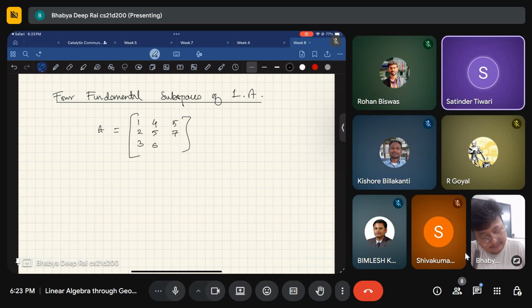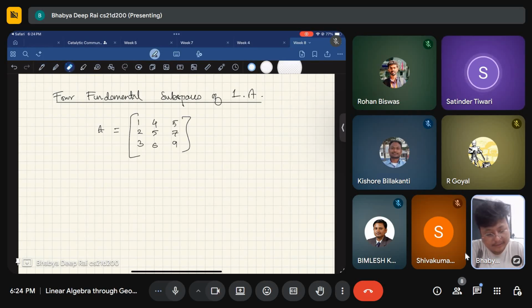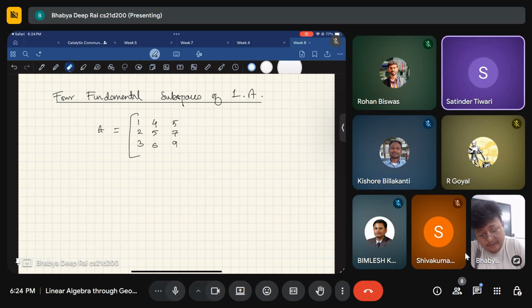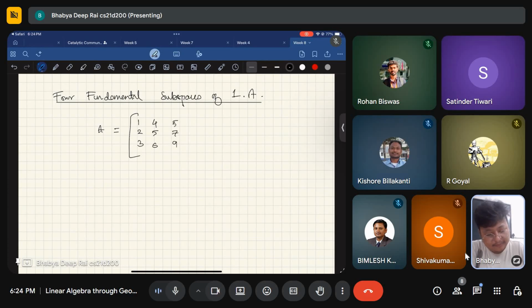Excuse me, sir, can we increase the dimension? Can we take 3 cross 4 to understand that part? Like you have taken 3 cross 3, with 3 cross 4 the concept will be more clear, I think. Sure, we can do 3 cross 4.